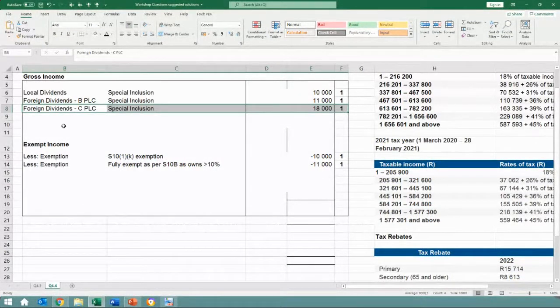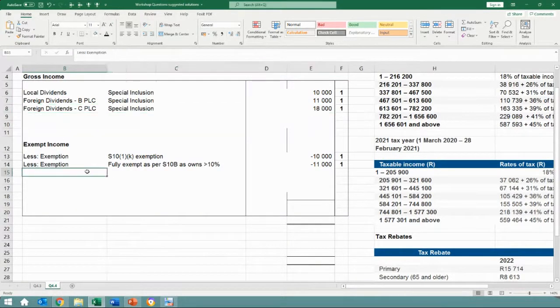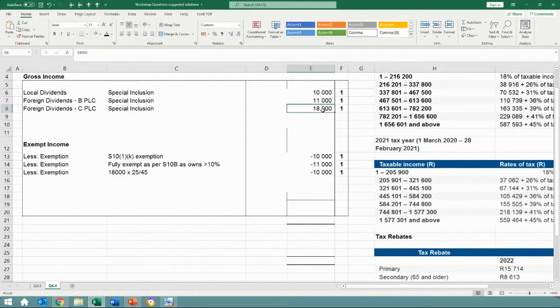Now we've got a natural person and we've got a juristic person. So in this scenario, we will then go work out the exemption based on the natural person because it's a sole proprietor. We use the natural person's exemption, which is 25 over 45, and we multiply with the amount we've included in here, the 18,000, to work out the portion that would be exempt in this scenario.